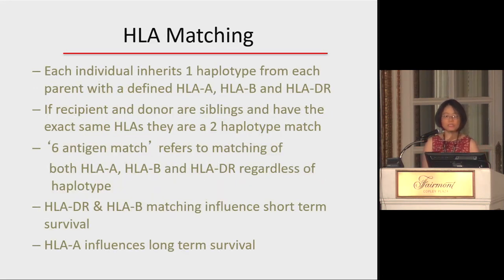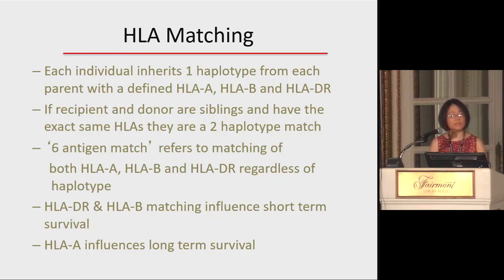Okay? So each individual inherits one haplotype, or one chromosome, and chromosome 6 is where the HLA alleles reside, from each parent. The A, B, and DR alleles are what we specifically look at in terms of solid organ transplantation. This came from the historical context where we thought that these A, B, and DR antigens were the most immunogenic.